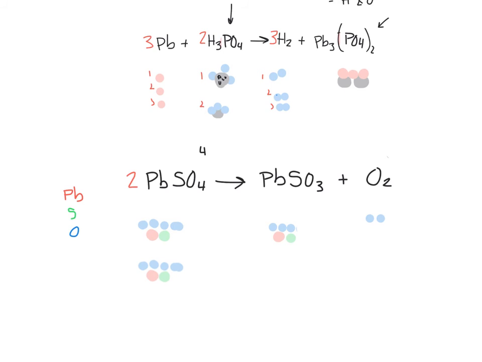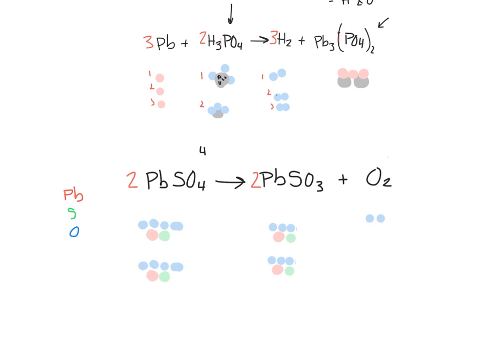So now I know that my sulfur and lead are out of whack, so I'm going to copy that over. We now have 8 oxygen on the left, if you count 4 and 4, and is that 8 oxygen on the right already? That was easier than I thought. Look at that, I was overcomplicating the problem. I thought we were going to get into the 5s or 10s area.